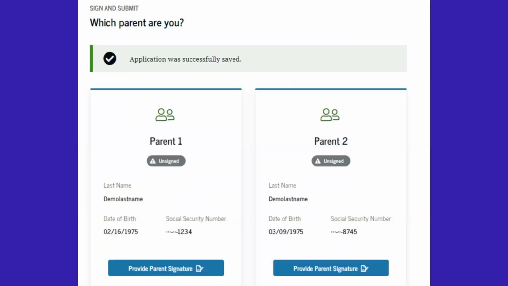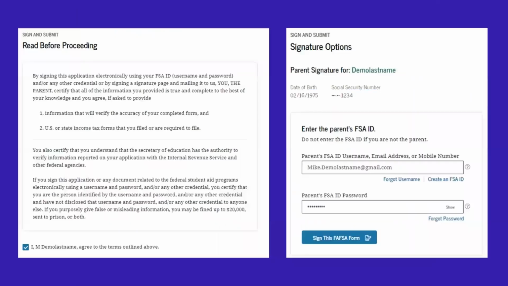Okay, so at that point, the application was successfully paid, and now they're going to ask for a signature. They want parent 1 to sign and they want parent 2 to sign. And this is where we're coming back to that FSA ID. So both parents need that ID because you'll need to submit that again as part of the signature. You have several options for the signature, which we will see in a minute here.